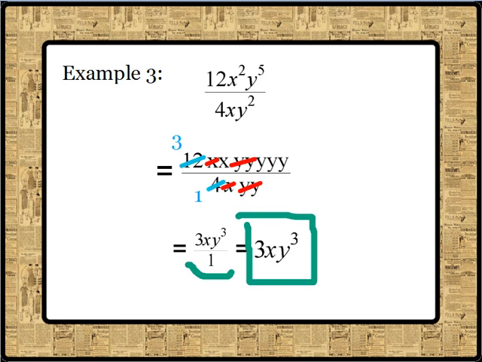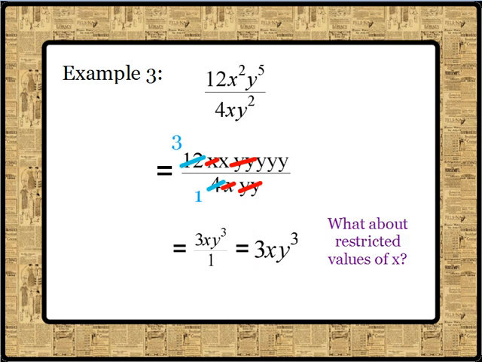I need to look for restrictions. I'm going to go through every denominator and see if there's any values for x or y that would make my denominator 0. Is there anything that I could put in for x or y that would make this denominator 0? This is the same denominator down here before it was reduced anyway.